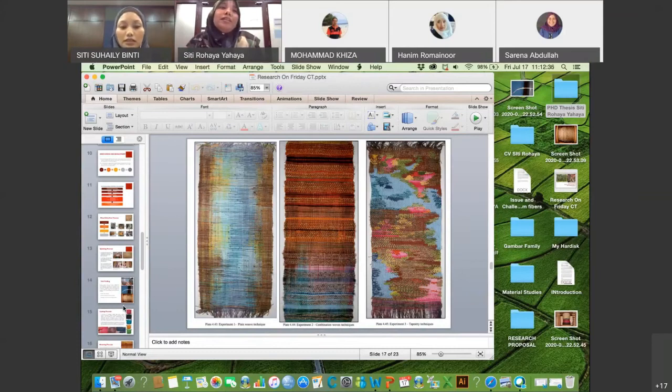For example, corn fibers, sugarcane fibers. But sugarcane is a staple fiber, so it is not suitable for yarn or textile, but it is suitable for paper making and also for biocomposite. And kenaf is also one of the good fibers, and also bamboo, which has very strong fibers.